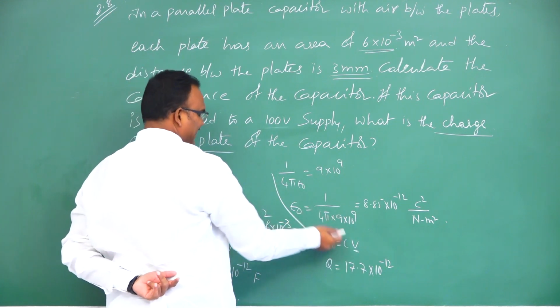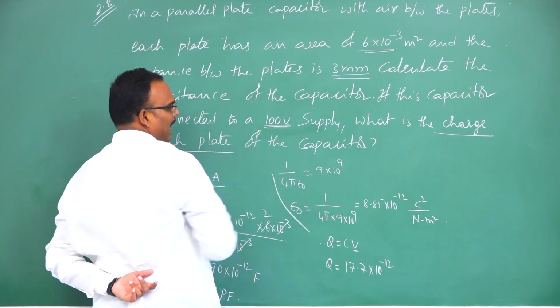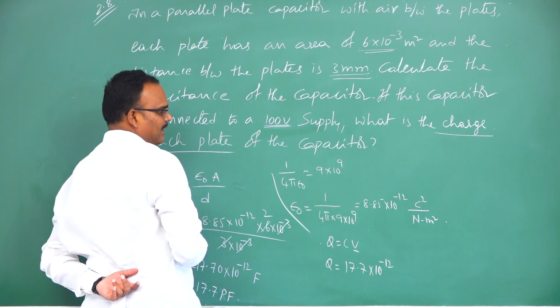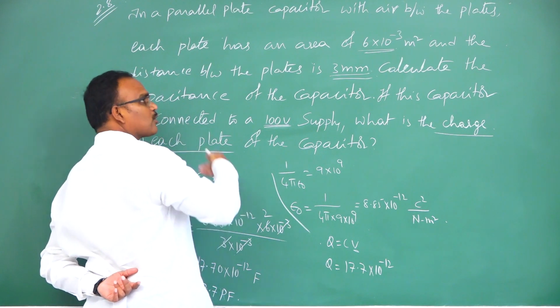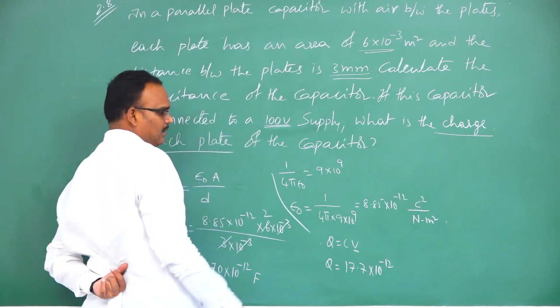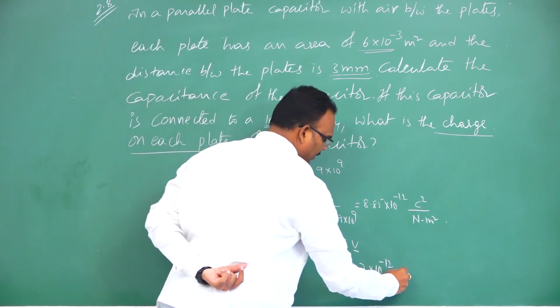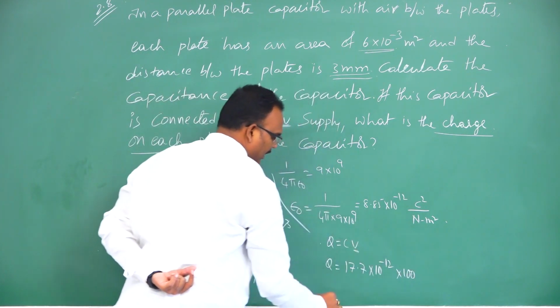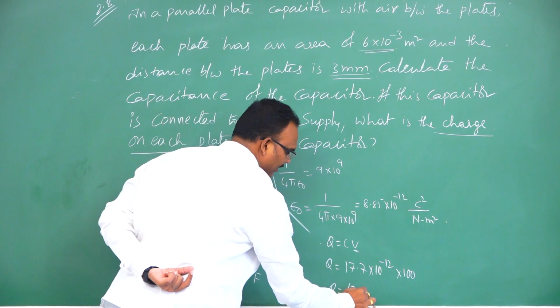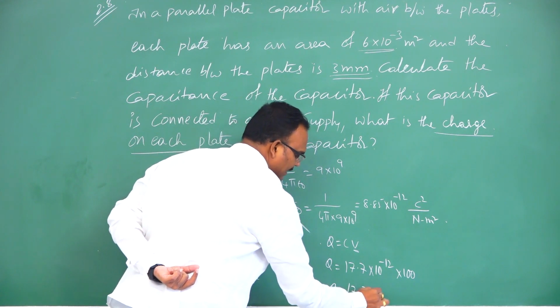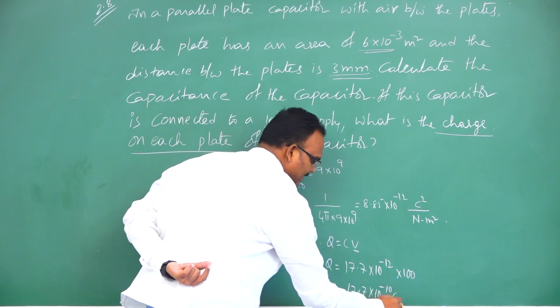This capacitor is connected to a 100 volt supply. When a capacitor is connected to a 100 volt supply, it stores up to its potential. So 100 we have to take here. Then charge Q is equal to 17.7 into 10 to the power of minus 10 coulombs.